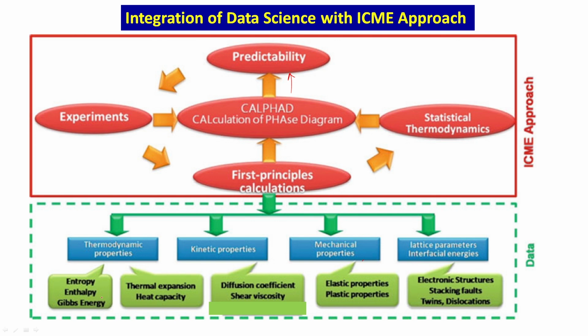Can I do it using modeling, so that we can have a lot of predictability? Modeling can be done in terms of first principle calculations from atomistic scale, where you take atoms and electrons and predict that, or we can use CALPHAD, the calculation of phase diagrams, to do that.